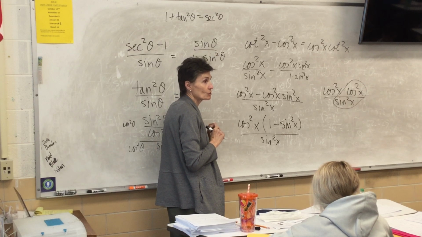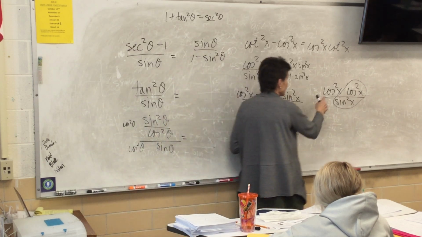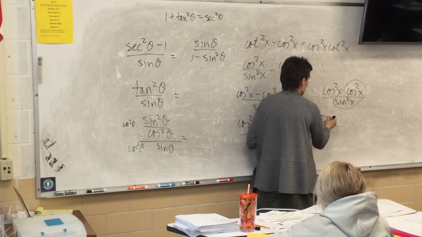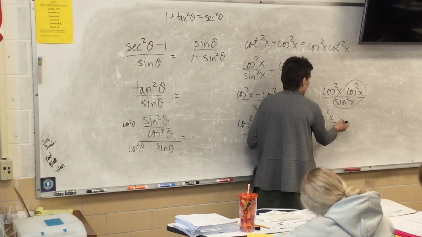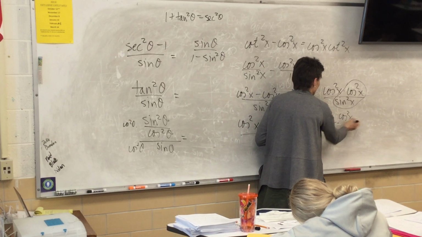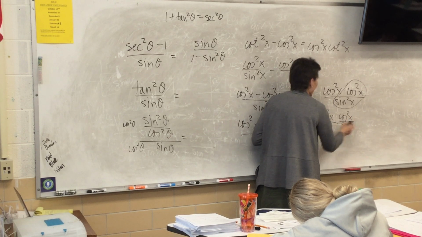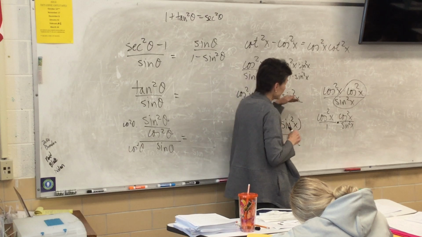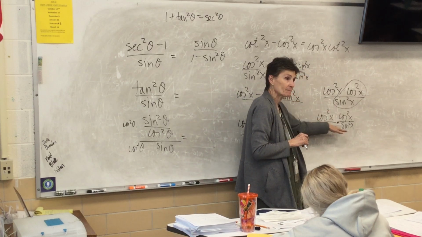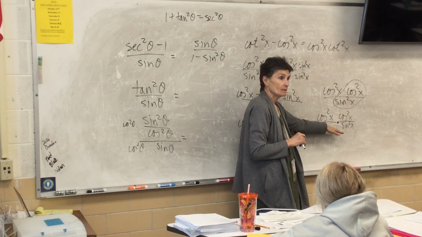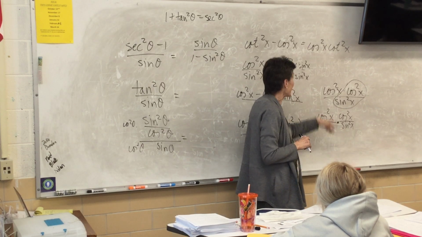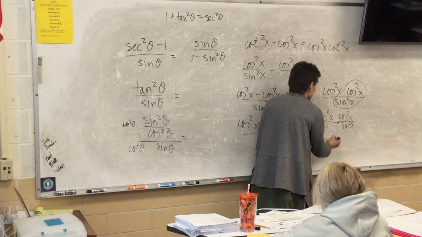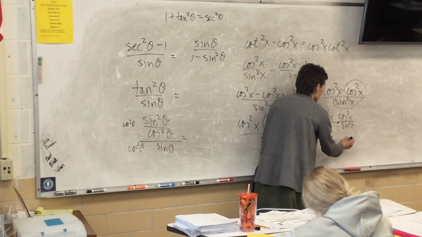Isn't that cotangent squared? Now keep in mind, this fraction right here is cosine squared over 1 times cosine squared over sine squared. You're allowed to think of it like that, because when you're multiplying, isn't it top times top and bottom times bottom? That's what we wanted. That's cosine squared times cotangent squared.